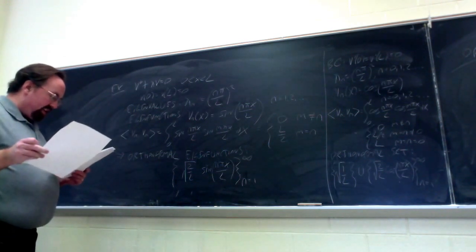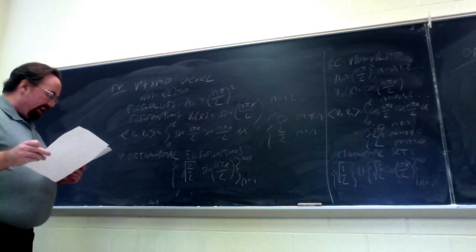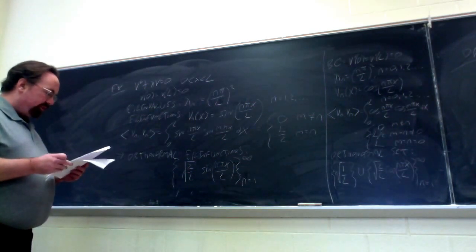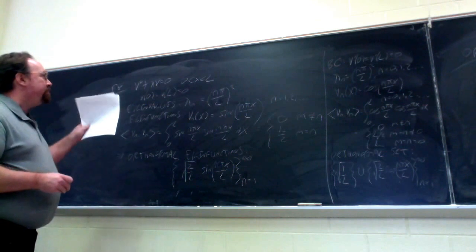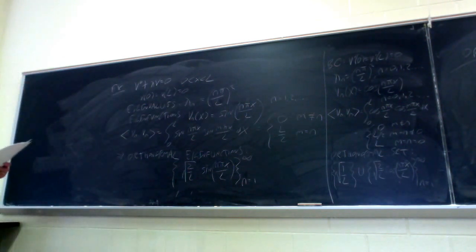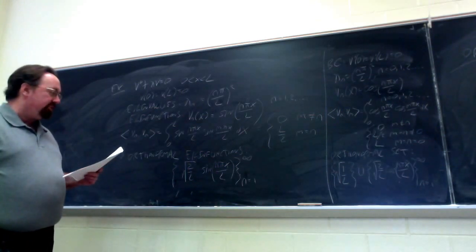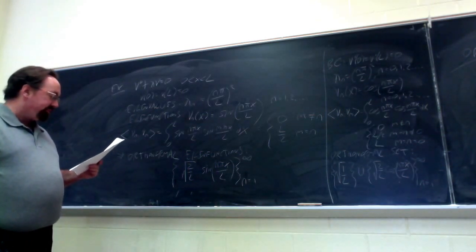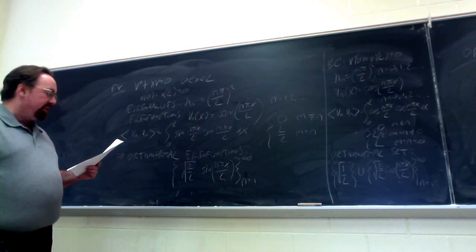Okay. I have one more case in the notes, I won't do it here, where it's the same ODE, but you have periodic boundary conditions. In that case, you have both cosines and sines as eigenfunctions, and they have the same norms and so forth.